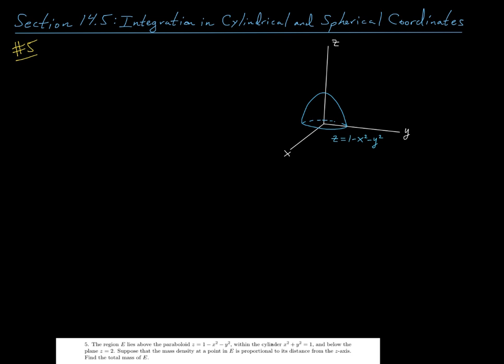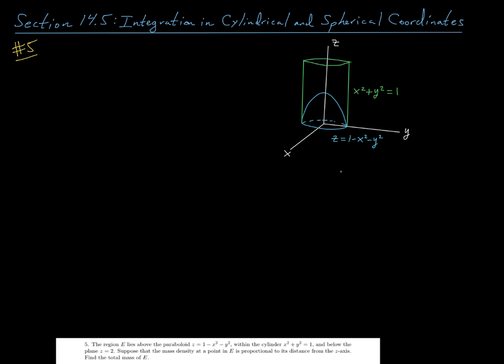Now the cylinder x squared plus y squared equals 1. Think about just taking the unit circle in the xy plane, and since this equation is independent of z, we're just going to be copying that unit circle as we run along the z-axis. So in other words, we're looking at this cylinder right here. And the other surface here is z equals 2.